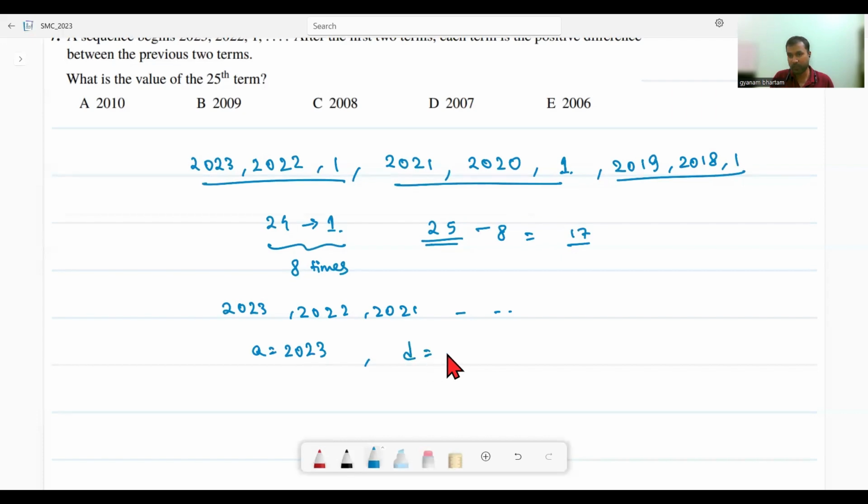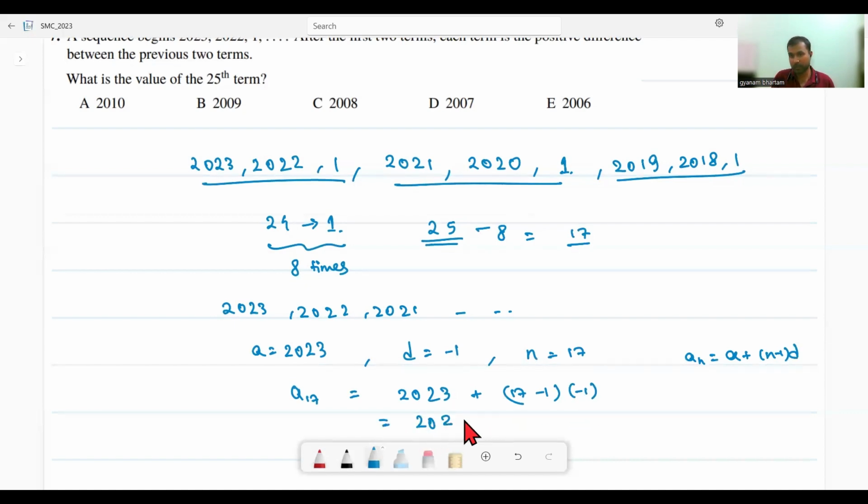Your D is -1, and your N is 17. So the 17th number is going to be 2023 plus (17 minus 1) times minus 1. This is the formula, N minus 1. So 2023 minus 16, and this is going to give you 2007. Okay, that's the number for the 25th term.